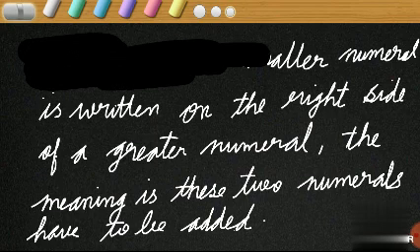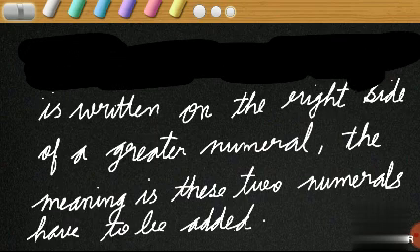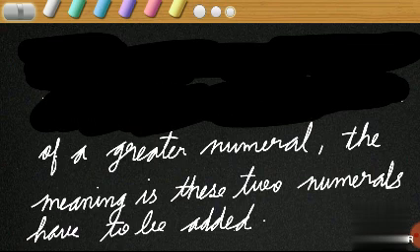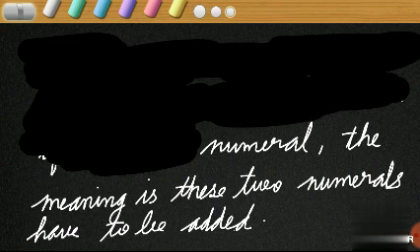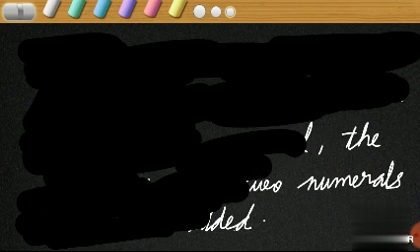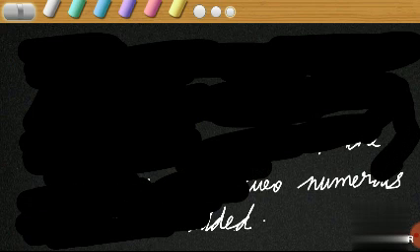Okay, let's try one or two examples. After writing the rule, listen carefully. Don't write now. Learn these rules very well today itself, otherwise you won't be able to form the numbers. Very, very important.